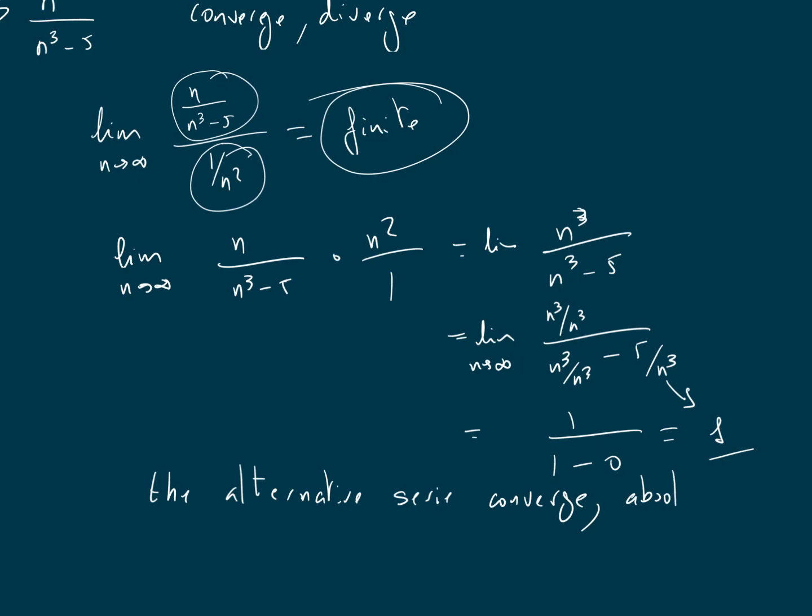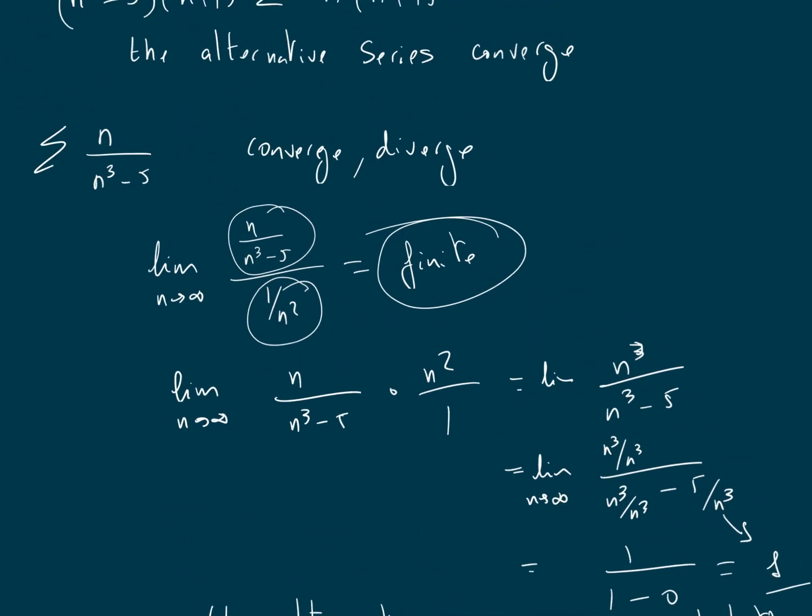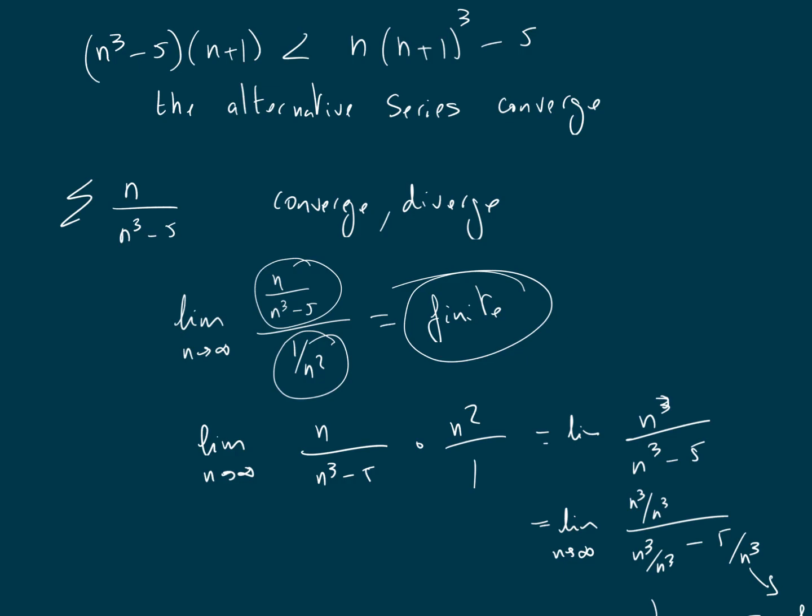Absolutely, because the one with the absolute value also converges. If the one with the absolute value diverges, we will say that the alternating series converges conditionally. Converges, but conditionally. Conditionally meaning that the series with the absolute value diverges.